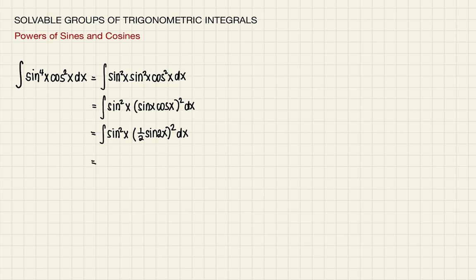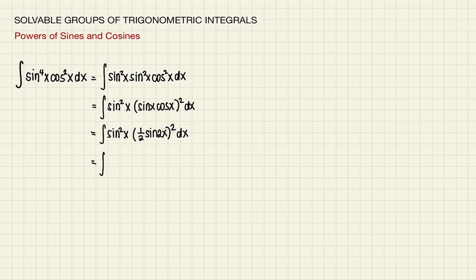Next, we're going to rewrite sine squared x. We're going to reduce the exponent of sine squared x. Remember that if sine or cosine is raised to the power of 2 that is not integrable, we still have to reduce their exponents. Using the Pythagorean identity will not convert it into an integrable form. So we have to use the power reducing identity to convert that into an integrable form.